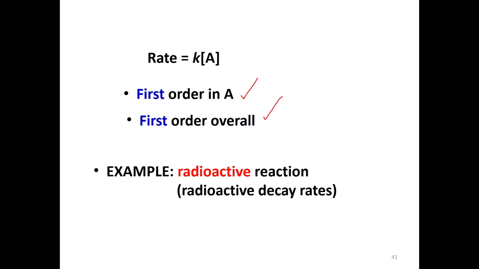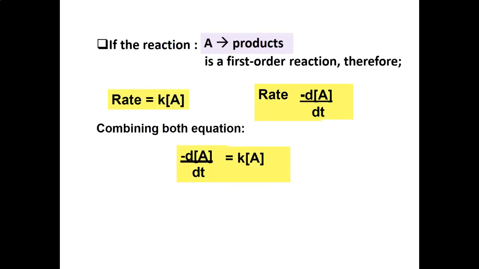So for example, the reaction is a radioactive reaction. If the reaction A to produce product is a first order reaction, therefore we have this one. The rate is equal to k[A], and this one is the rate of disappearance for A, a reactant, so negative: negative d concentration A over dt.